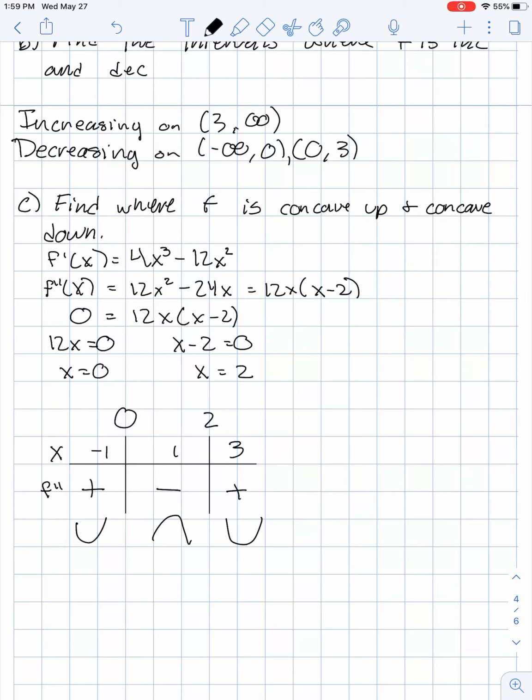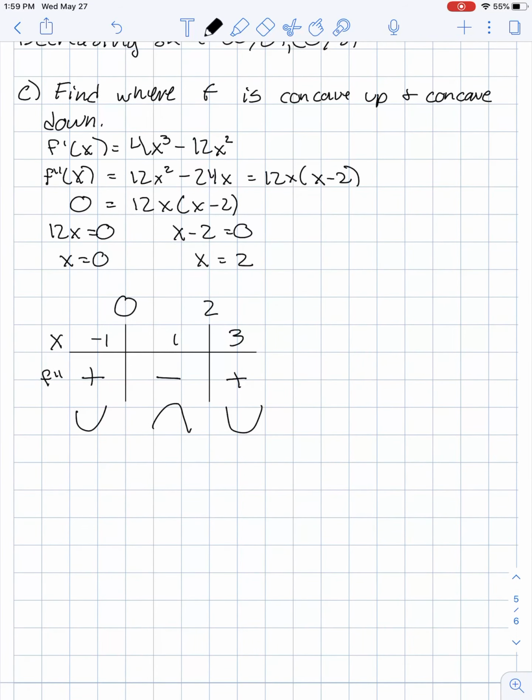So I would then conclude that x equals 0. Sorry, the book had something different. We are going to ask for concavity, not inflection points.